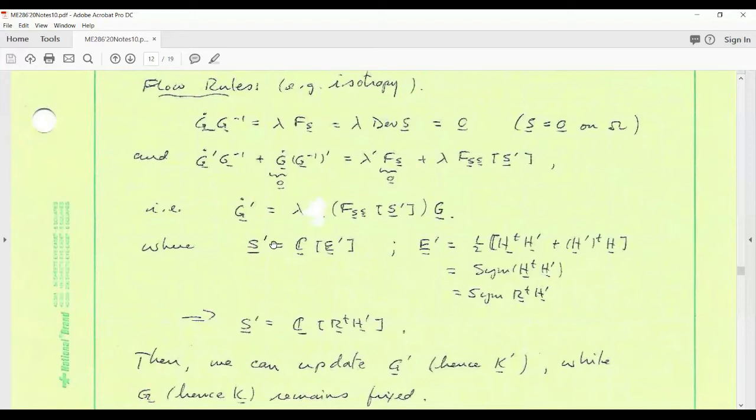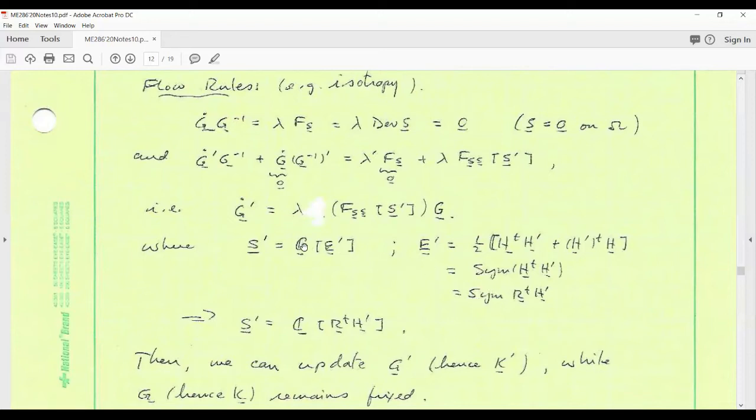To get S prime, from the constitutive relation, you just take the prime of the stress-strain relation. We assume uniform material, moduli uniform, so that would be E prime. E is the elastic strain, which is a half H transpose H minus identity. Take the prime of that, that's just the symmetric part of H transpose H prime, and H is R, the rotation at the midplane. H prime is not.